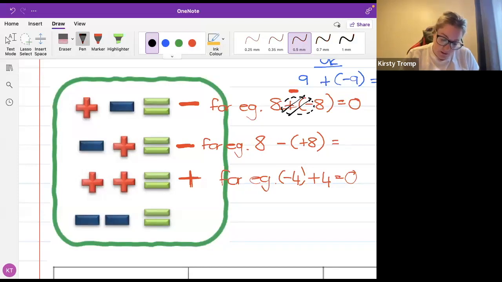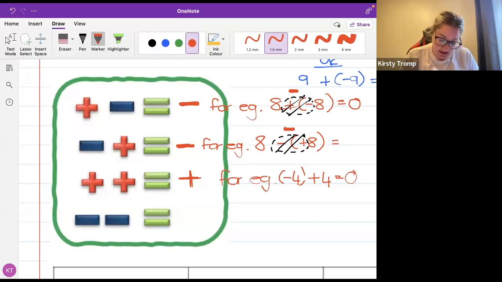I tell myself I see a negative sign and a positive sign next to each other. When I see two signs next to each other, I draw a circle around them. If the two signs are different, then they're going to turn into a negative sign.